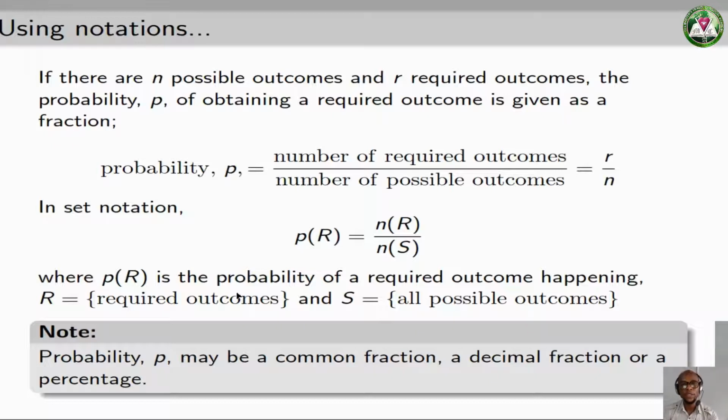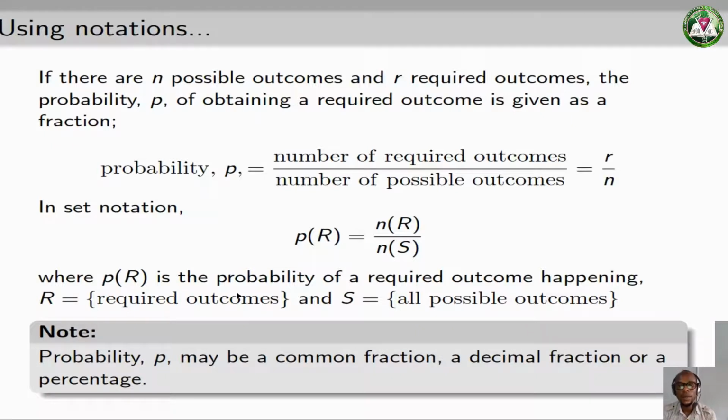Now in set notation, I believe you've learned sets theory in your SS1. We can define this probability as P of R equals cardinality of R over cardinality of S, where P of R is the probability of a required outcome happening, and R is the required outcome. So the cardinality there tells us that we'll count the number of required outcomes in that set.